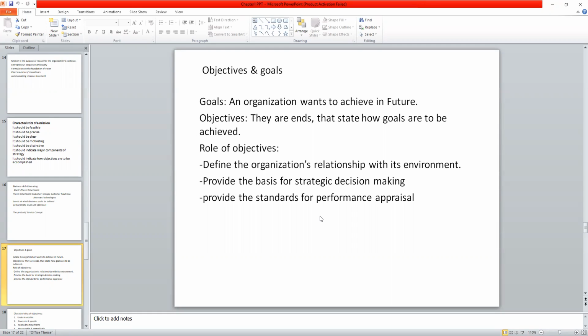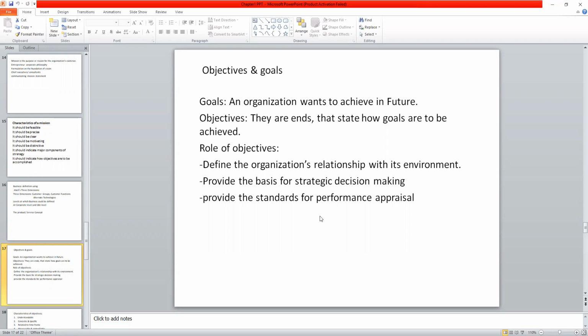Objectives provide the standard for performance appraisal also. That is, the objective states the targets to be achieved in a given time period and the measures to be adopted to achieve them. Objectives lay down certain standards against which the company's organization as well as the individuals perform.